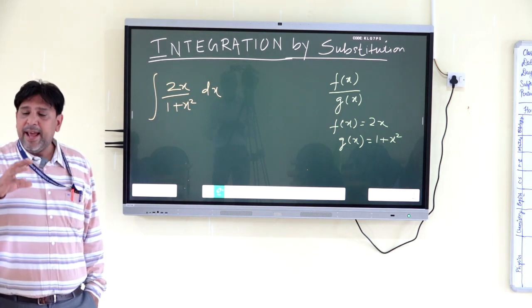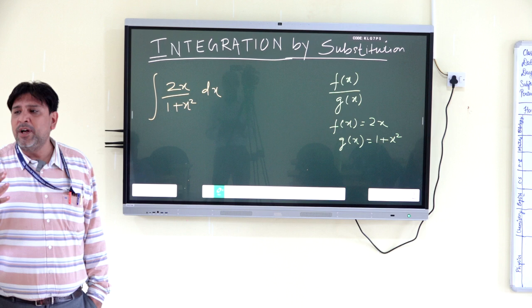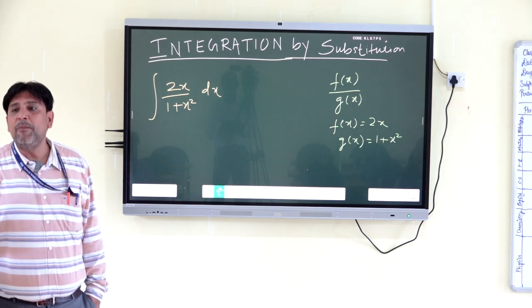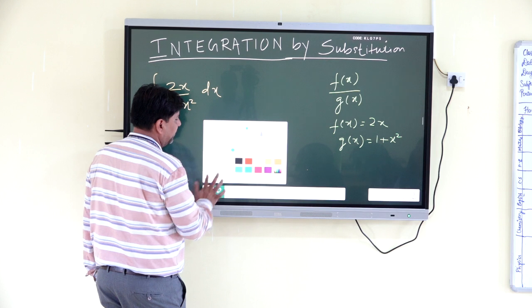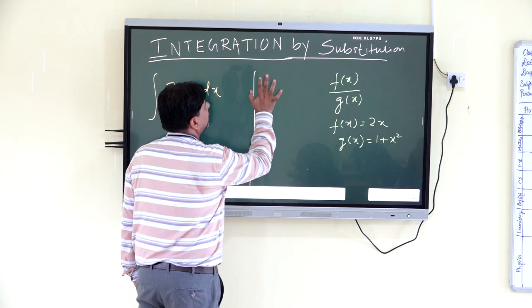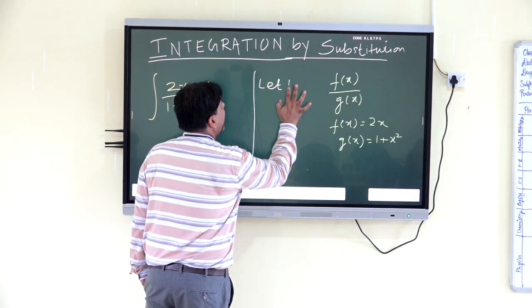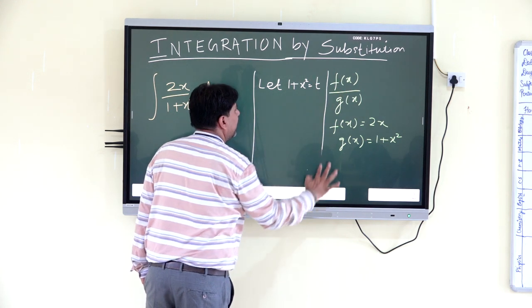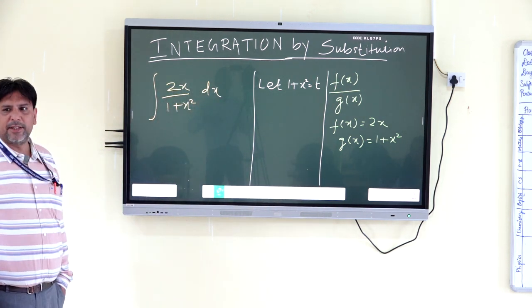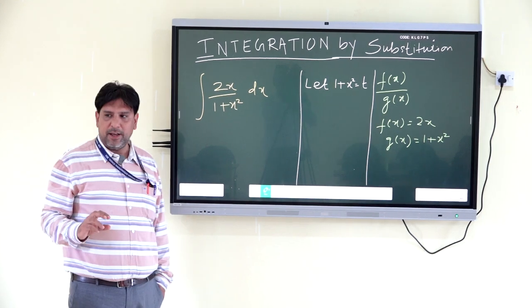Our rule is, anyway we will try to do one substitution so that we will be able to solve this question. So what we will do? Let 1 plus x square equal to t.